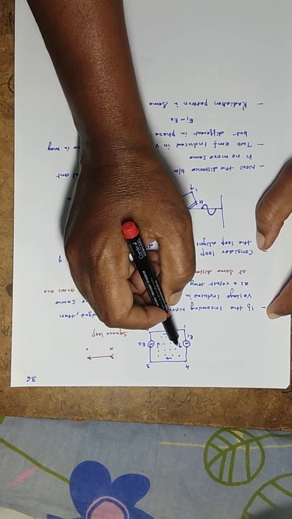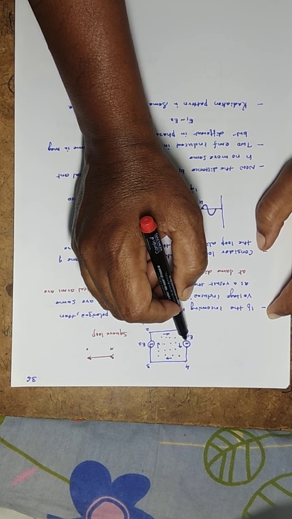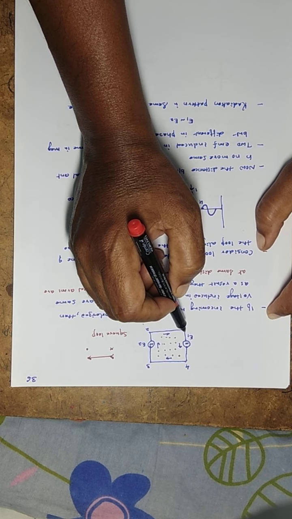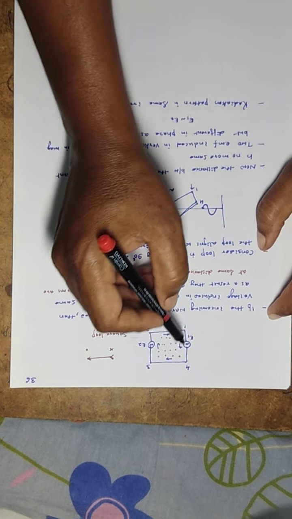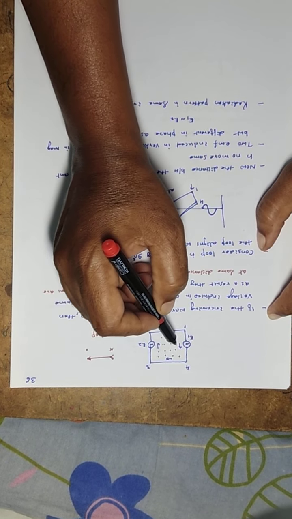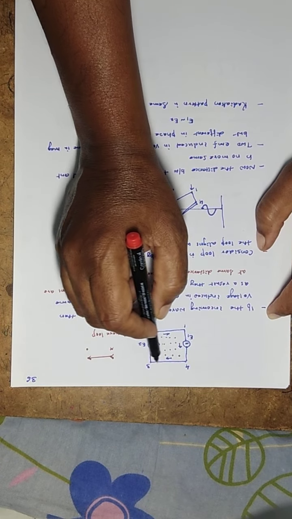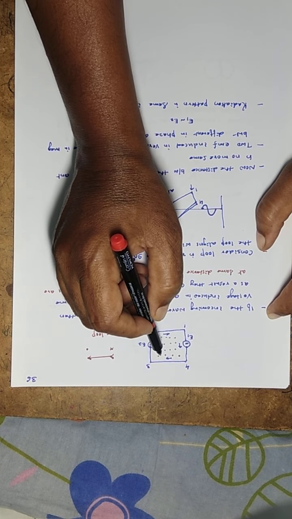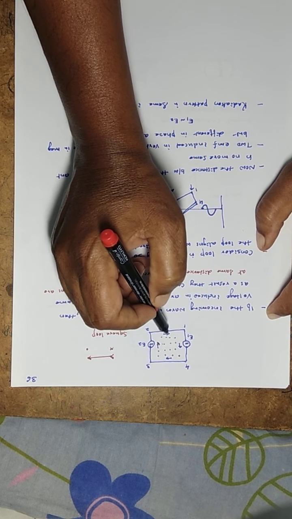For a vertically polarized wave, the induced EMFs in the vertical arms are the same. If this is E1 and this is E2, both are opposite in direction. And in the horizontal arms, due to the vertically polarized wave, the induced current gets cancelled.